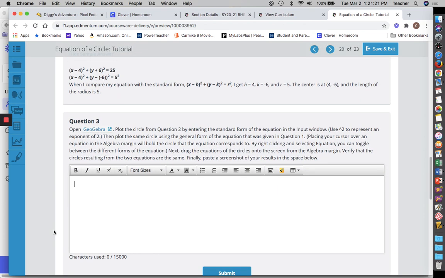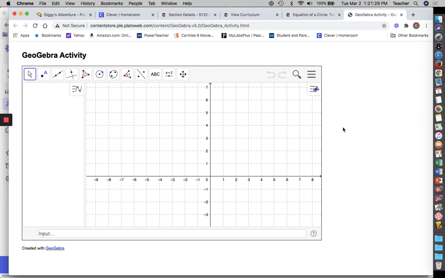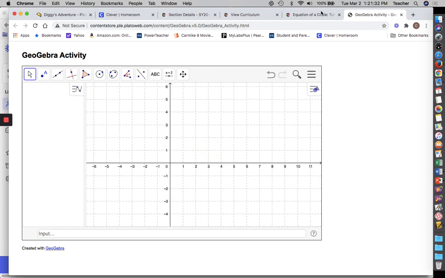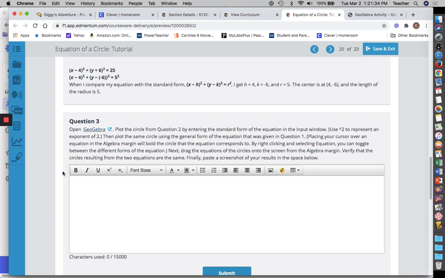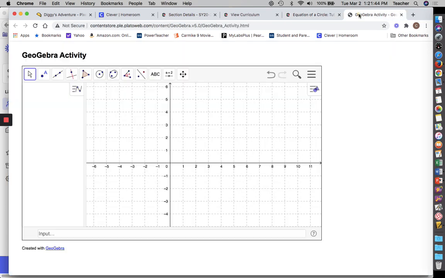Question number 3. Oh, we got a GeoGebra. All right, so open that up. I guess it's a blank GeoGebra. All right, plot the circle from question 2 by entering the standard form of the equation in the input window. So let's see.